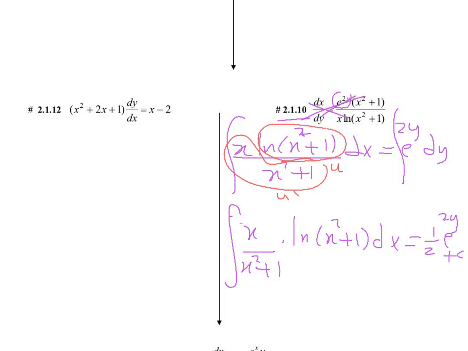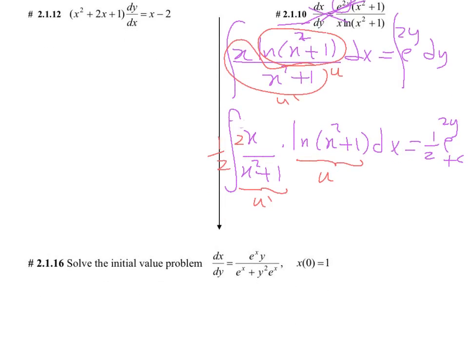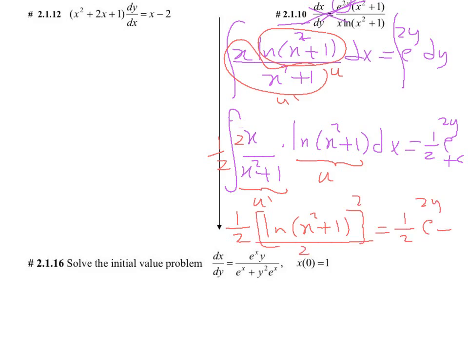Like we said before, this is u prime, but you need what only? You need a 2, so you have to divide by 2. So the integration will be 1 divided by 2 ln x squared plus 1 to the power 2 divided by 2 equal to 1 over 2 e to y plus c.